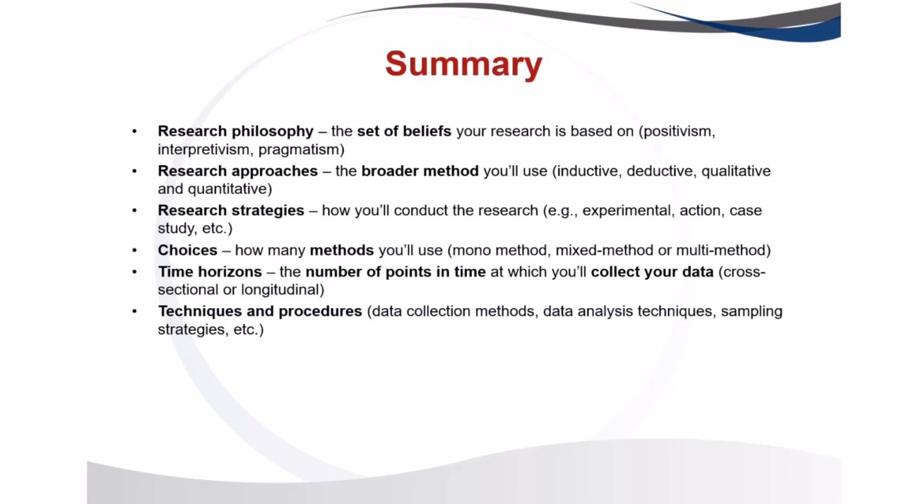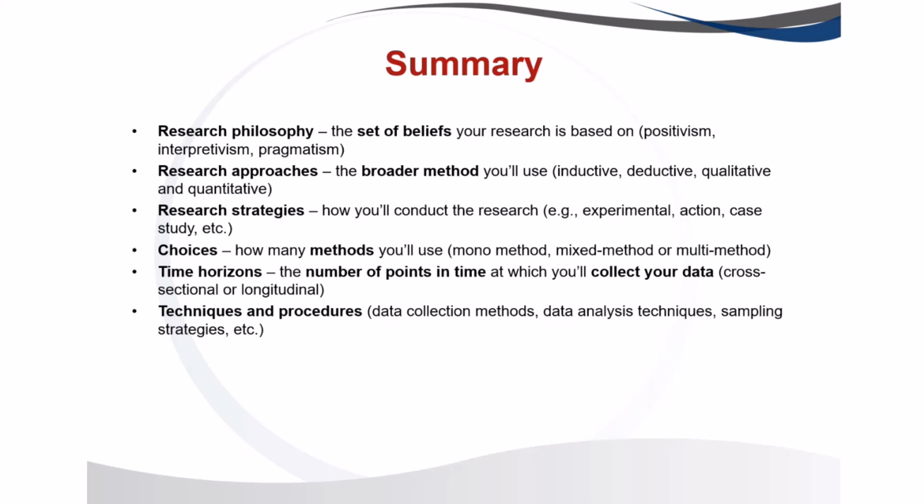Maybe we can summarize quickly. I think now we try to put all the things together. Firstly, we spoke about the research philosophy, which talks about the set of beliefs your research is based on. That could be maybe positivism, interpretivism, pragmatism, and so on. Then we spoke about the research approaches.